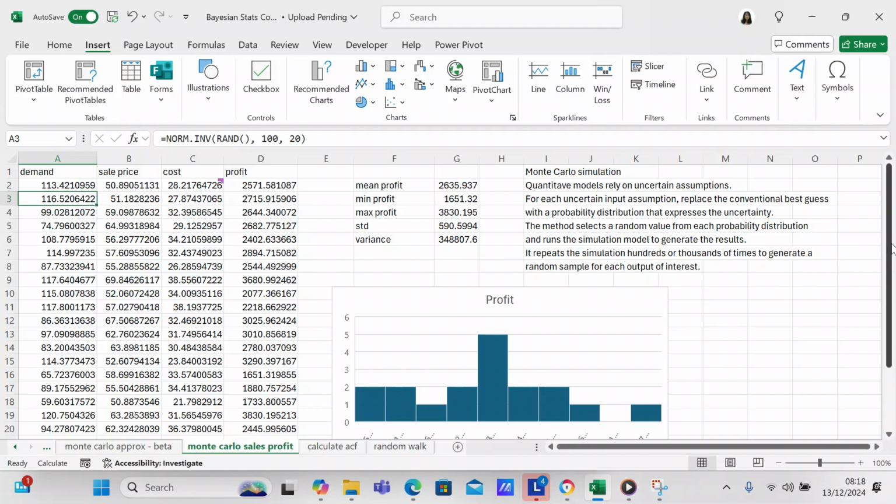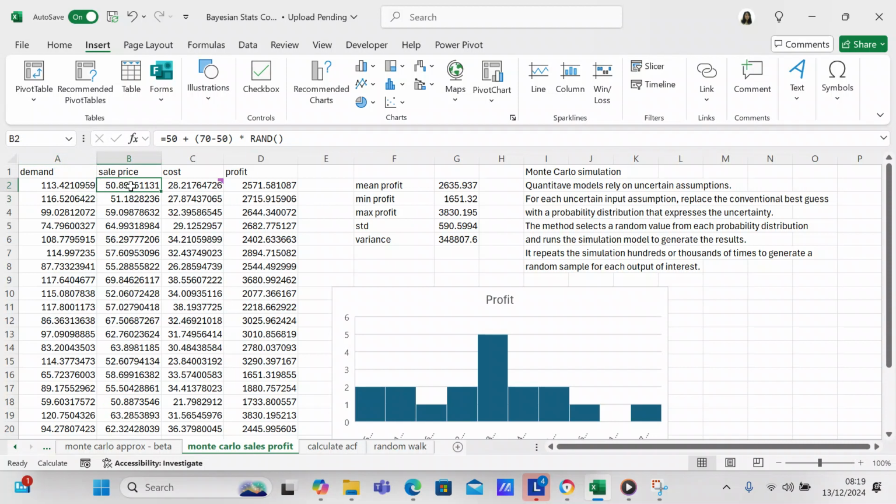We've got 20 cells, I think, so 19 instances, 19 rows of data. Then we're going to check the sales price. The sales price is 50 plus (70 minus 50, that's 20) times RAND.